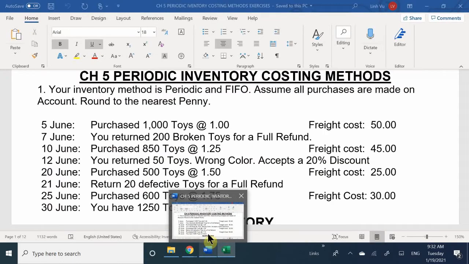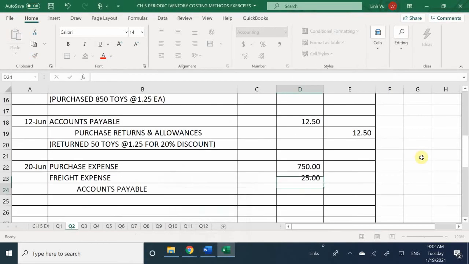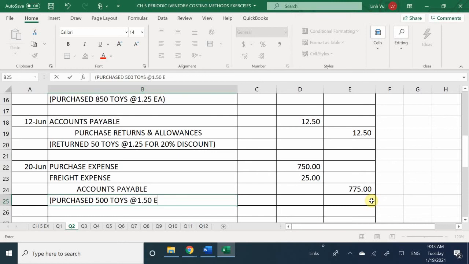Let me see. Freight was 25, yes. So what's my grand total here? 775. And I'm going to make a note right here that I purchased 500 toys at $1.50 each.